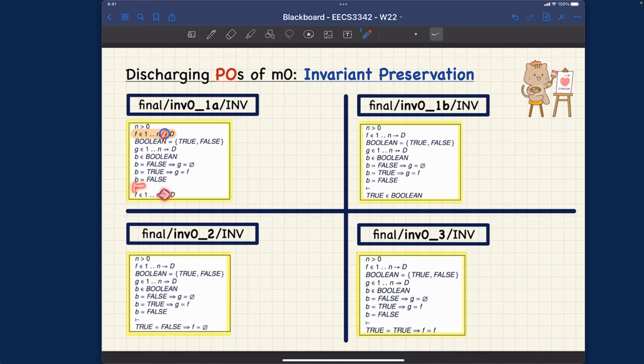So you want to make sure you refer to lecture number 1 about the math review to see why a total function is a partial function. However, the other way around is not true, meaning that a partial function is not always a total function. Let me write down the proof. What I will do is I'm going to do monotonicity first of all to drop all the irrelevant hypotheses.